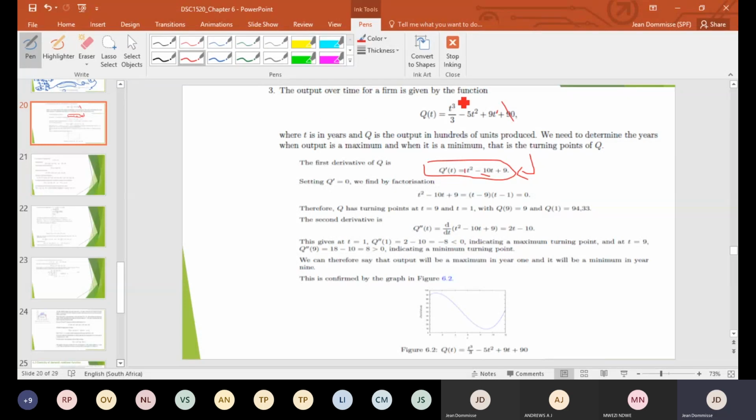So let's quickly look at what they asked in the question. T is years, and we need to determine the number of years when output is a maximum and when it's a minimum. So basically we need to work out what the turning point is. If we need to work out the turning point, we now need to factorize that.